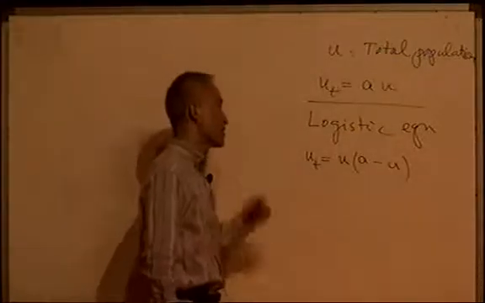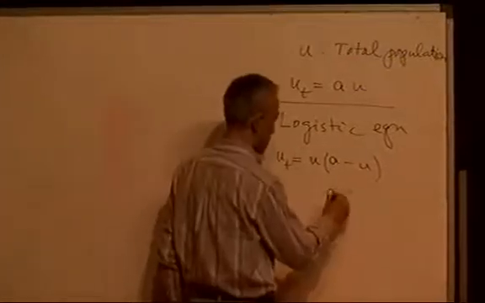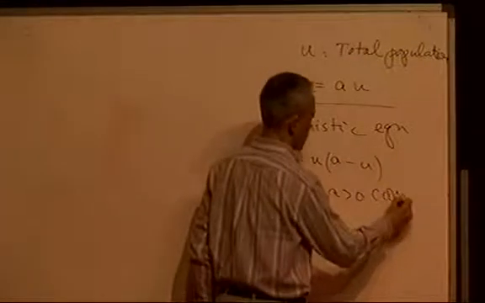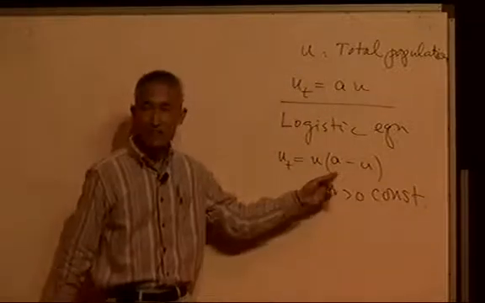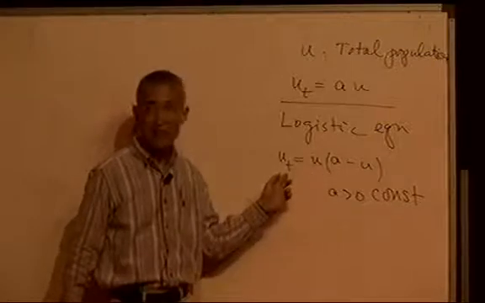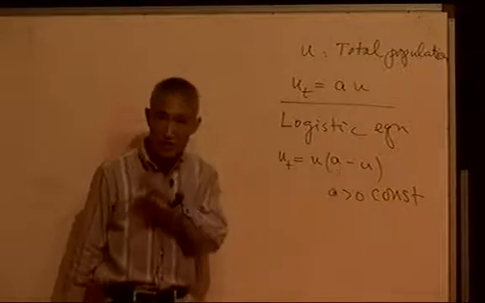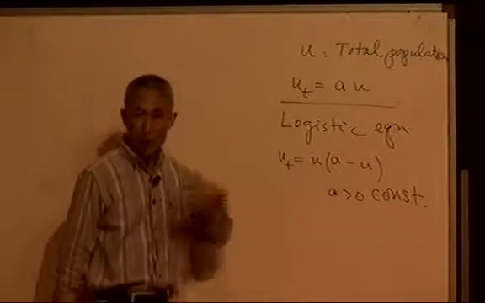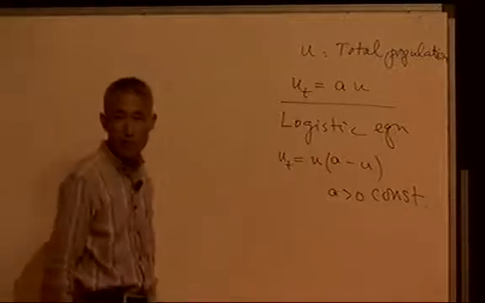So this says, basically, if U is bigger than A, where A is a positive constant, this is going to be negative. The rate is negative, so U is decreasing. If U is smaller than A, U is increasing. But we all know this is undergraduate ODE, sophomore ODE, second year.